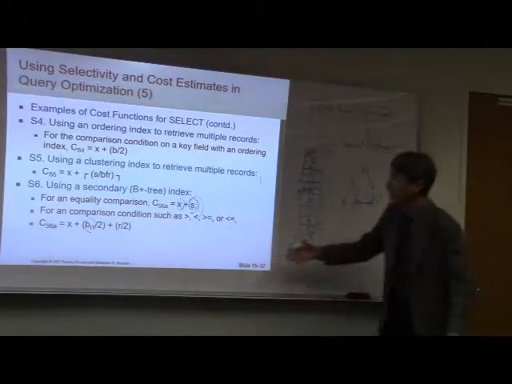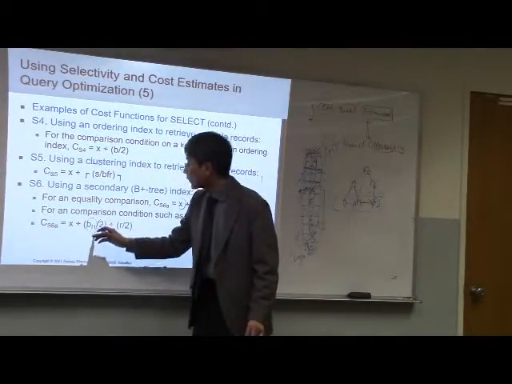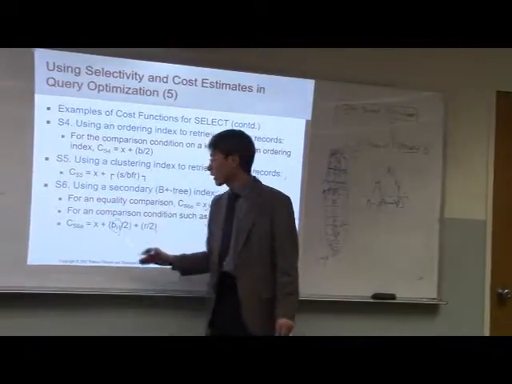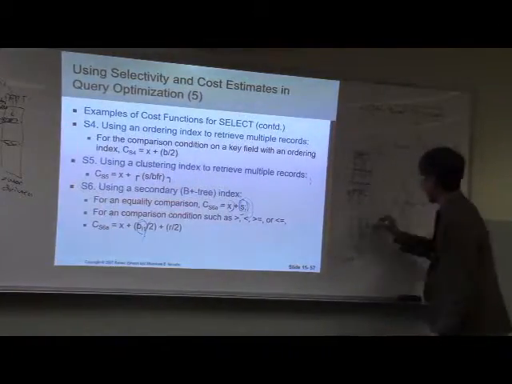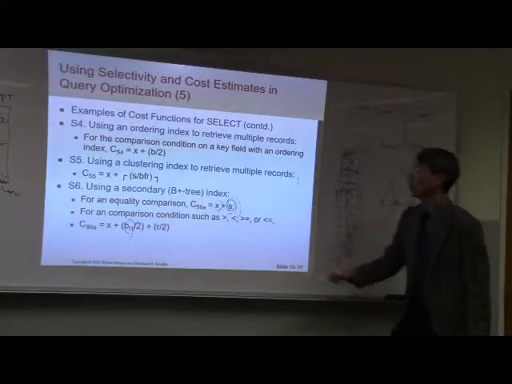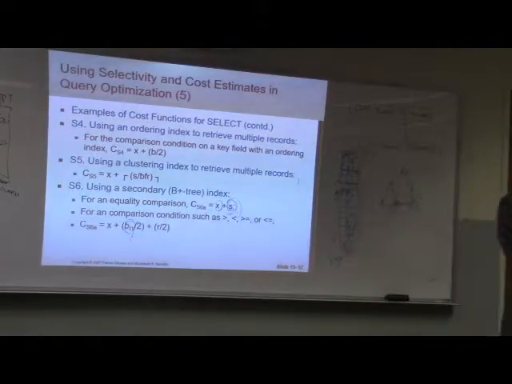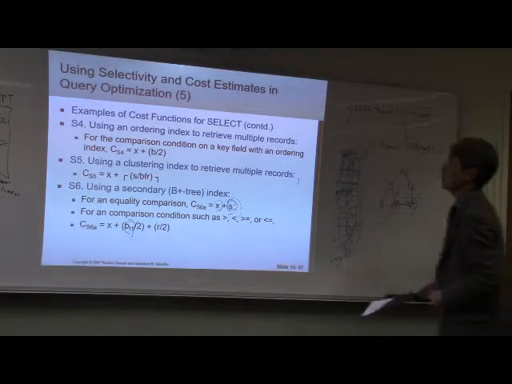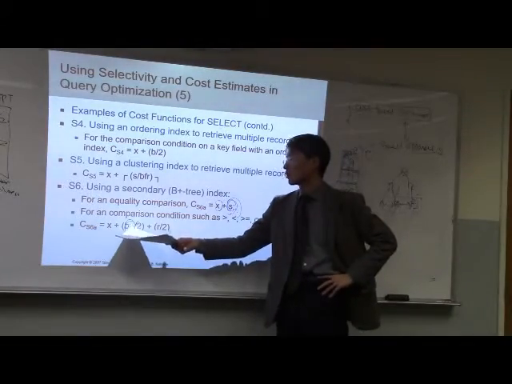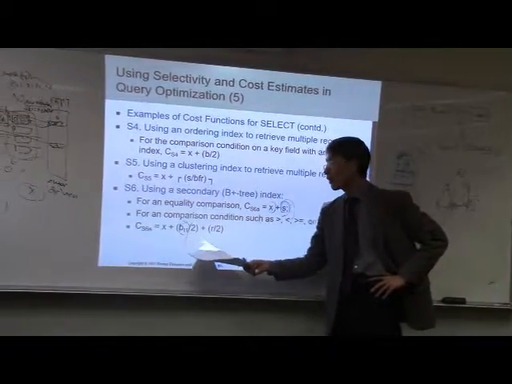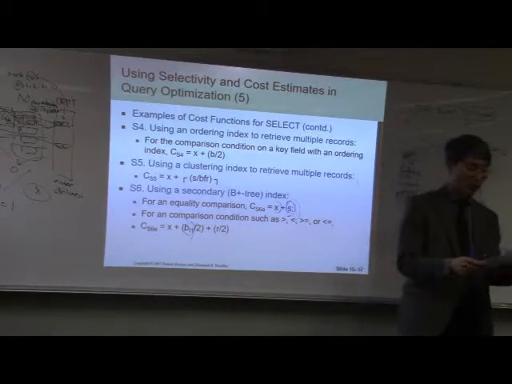That is the reason for half of the first level index blocks. For each, we can access the record, that is half of the records. So the cost function of using the B+ tree in general is X plus half of the first level blocks, and half of the records.